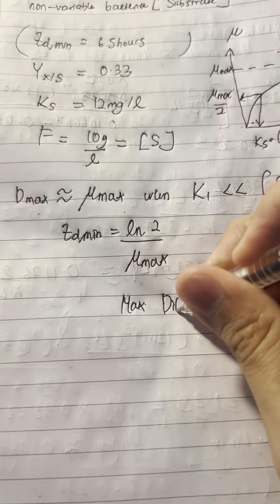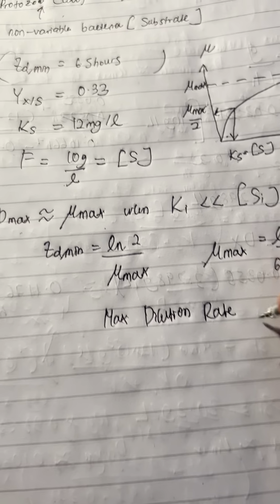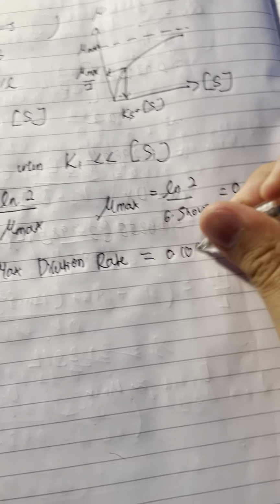As we equate D max to mu max, therefore the max dilution rate is 0.1066 per hour.